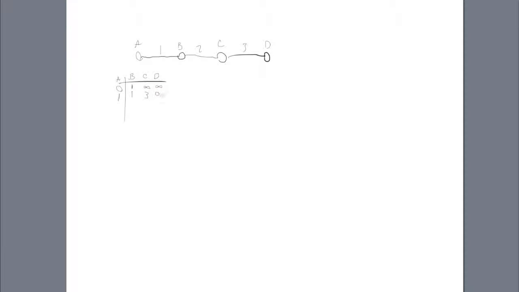But you'll notice that D is still infinity, because in that same step, C has told B about D, right? So you have to go to the next iteration, wherein A talks to B again, and B sends again its distance vector information, basically its routing table, and says, okay, I know how to get to D, and it costs 5 from me.